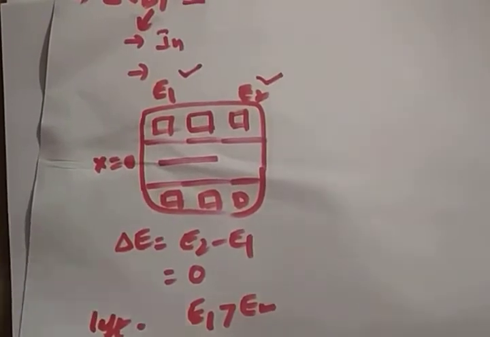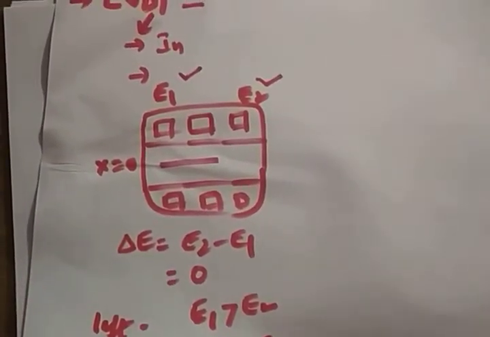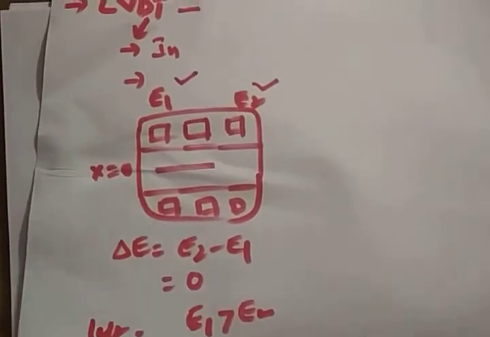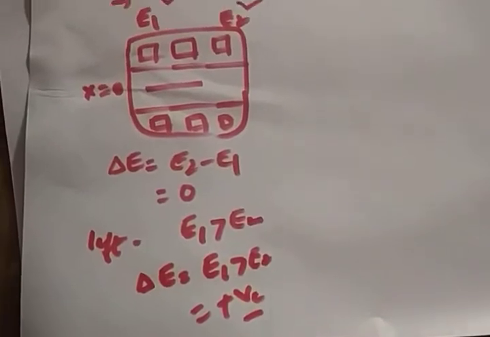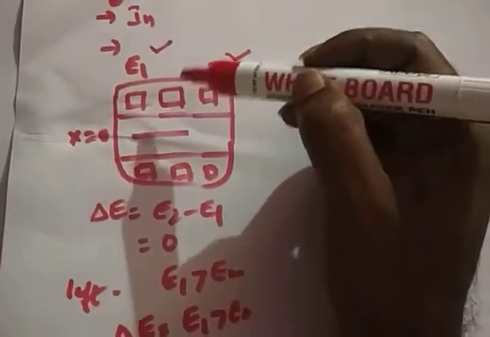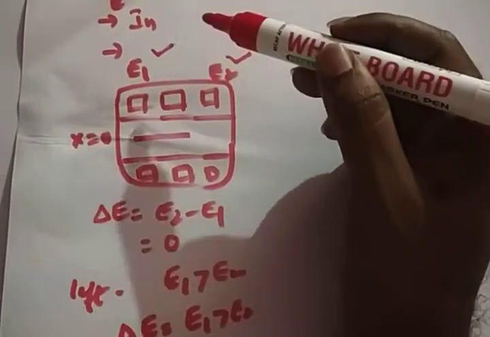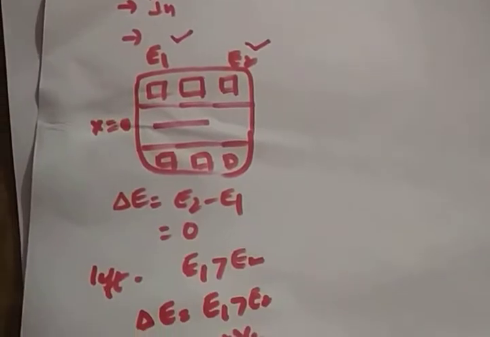That means delta E, the change in voltage, is E1 greater than E2, which is positive. So the output you are getting is in the same phase as the applied voltage.